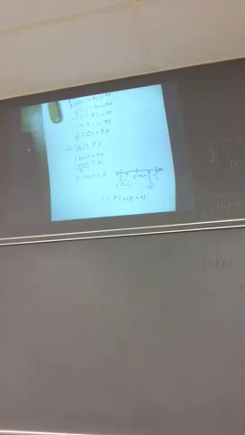Okay. So what do we get when we do that? 1 minus pi times the cosine of 0.2 pi. I get negative 1.54, which is decreasing, right?